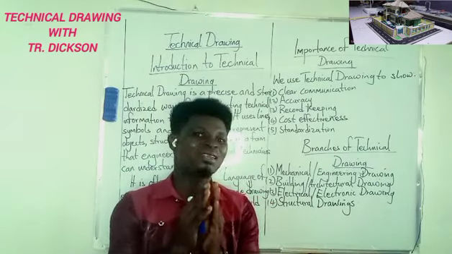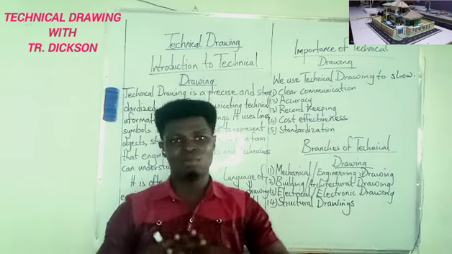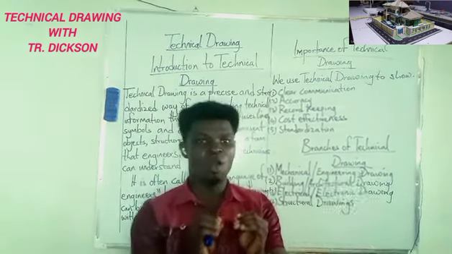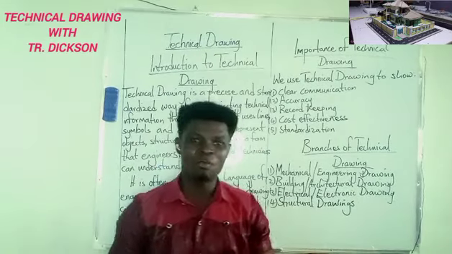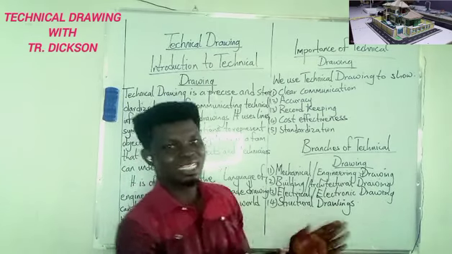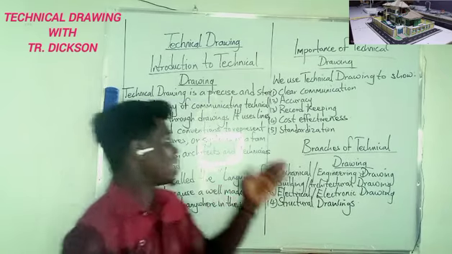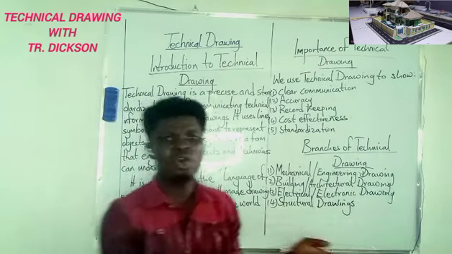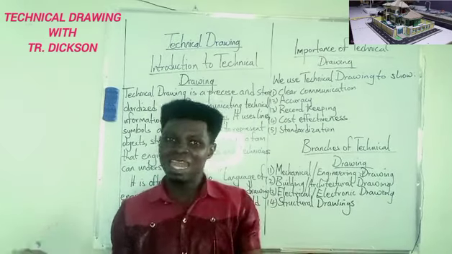Number 2, I might waste the material because at the end of the day, I might not produce what I am looking for. But if I had first of all put what I intended into drawing, and I have my accurate information, good dimensioning, everything on point, before starting the fabrication process, I will get the right thing. So that is why we say it is cost effectiveness. I will not need to waste material. I will not waste my time. Neither will I waste the energy.